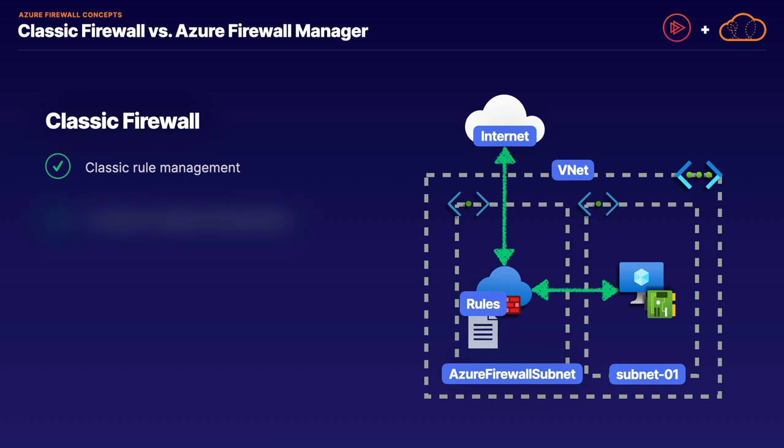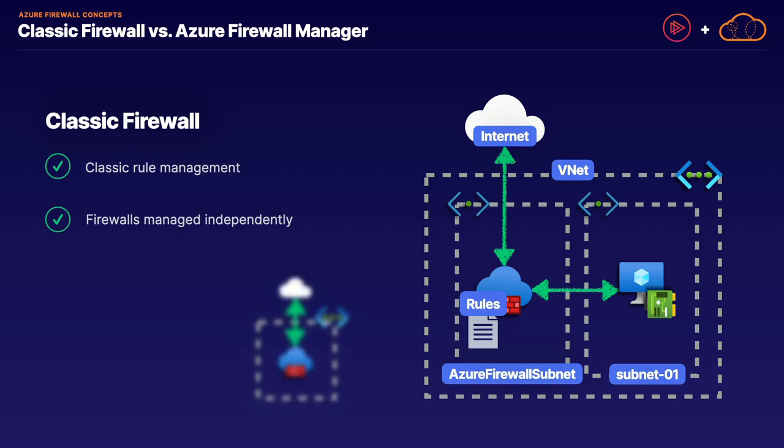And if we had another firewall resource in another region, we would manage those rules on that firewall resource independently from one another. So if we want the same rules to exist on both firewalls, we have to clone those rules over. We're not managing them as a separate entity, but rather on the firewalls independently.